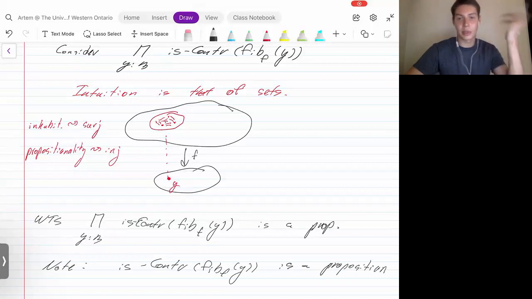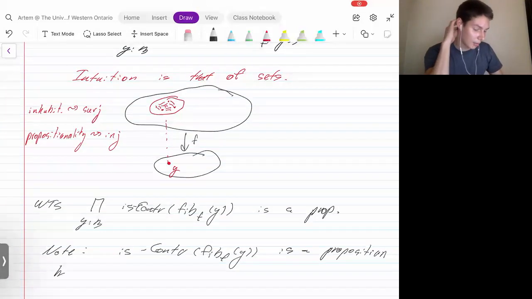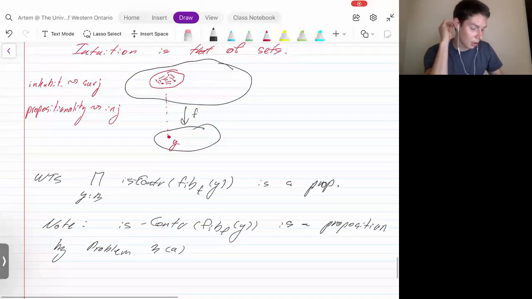The claim that something is contractible for any type is going to be a proposition by problem 3a.